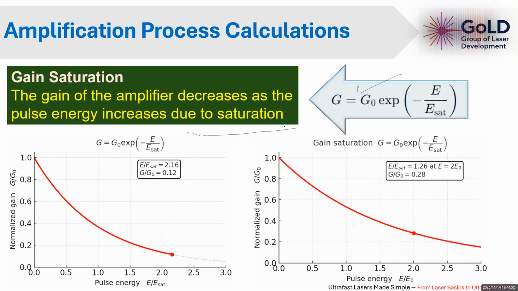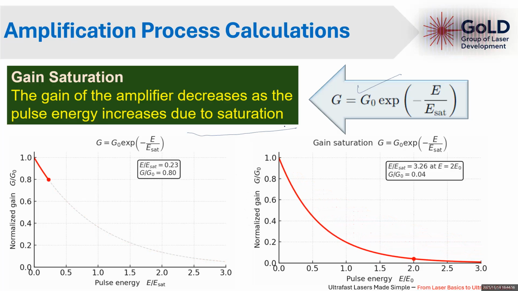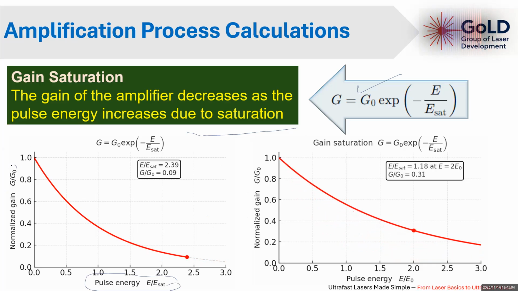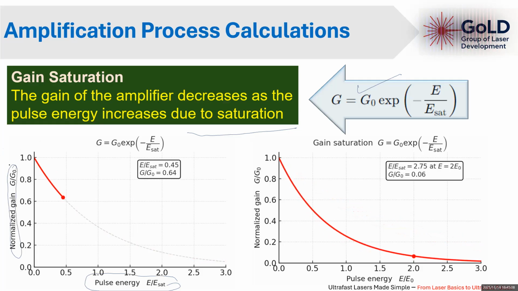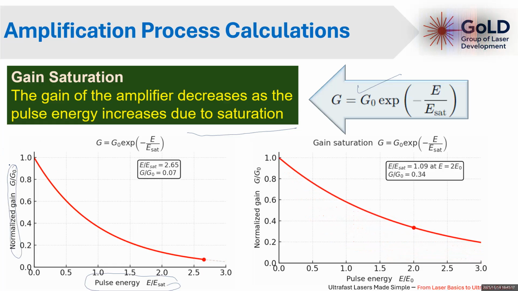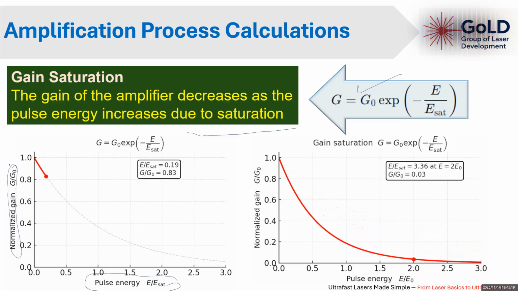What you see here is E over E saturation along the x-axis, and what you see here is the gain, normalized gain, you can say G over G naught.